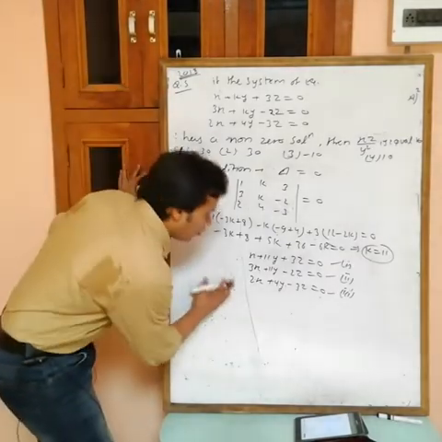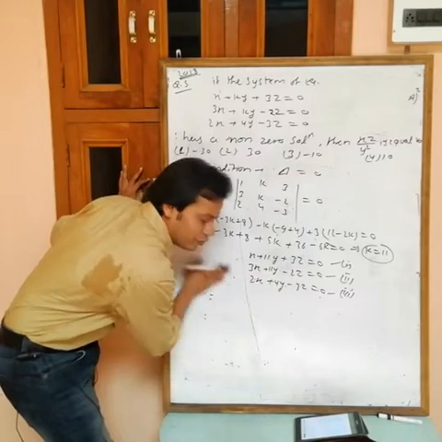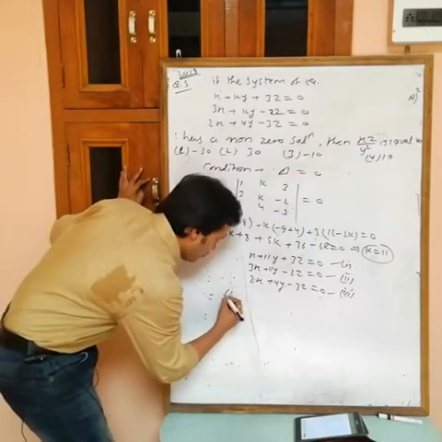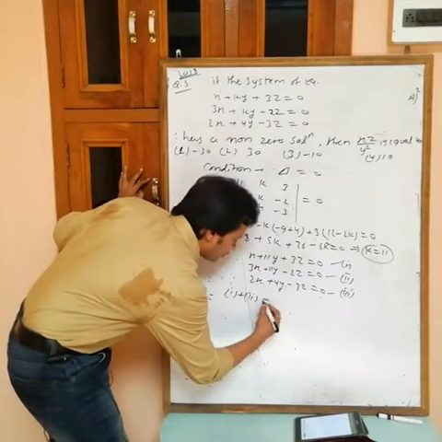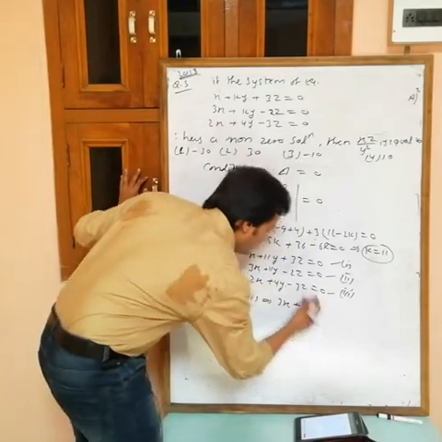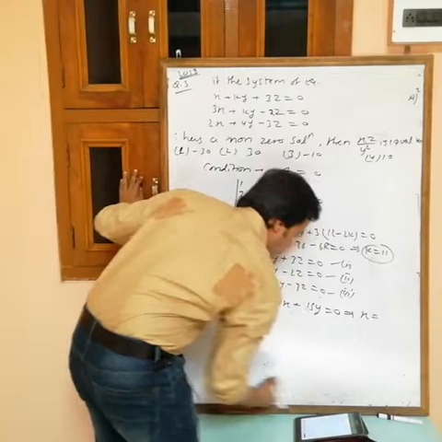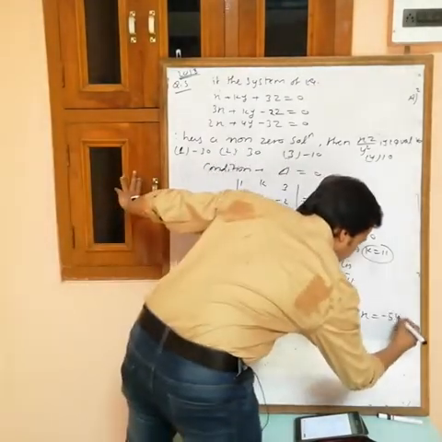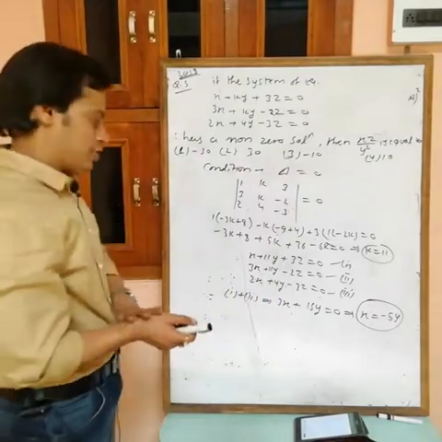Now take first and third. If you add both, then z will be cancelled out and you will get the value of x in terms of y. First plus third: 3x + 15y, 3z cancel out, equals 0. From this, x is equal to minus 5y. Now put minus 5y in any equation to get the value of z.